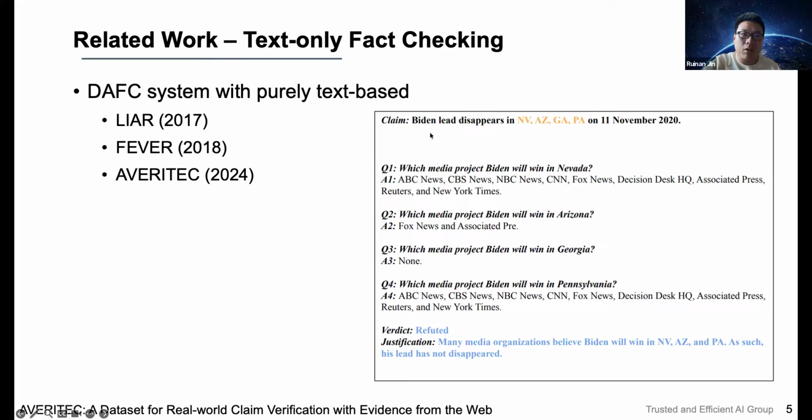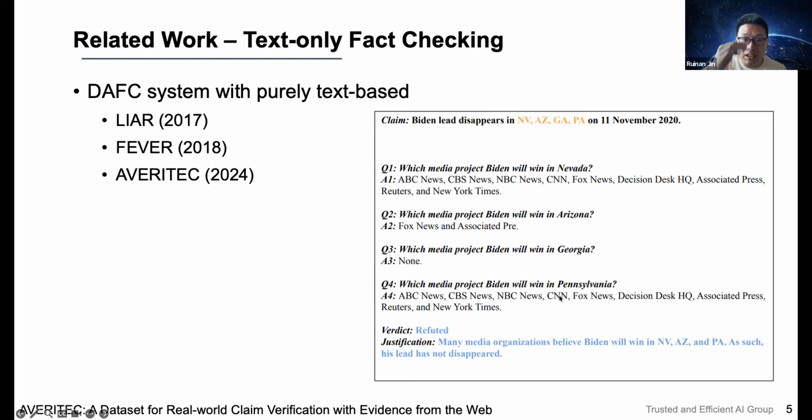So here is an example. Let's say we have an atomic claim, not fully atomic, like Biden disappears in some of the states on 11th November 2020. When an AFC system wants to check whether this is true, it can break those four states into four sub-questions.